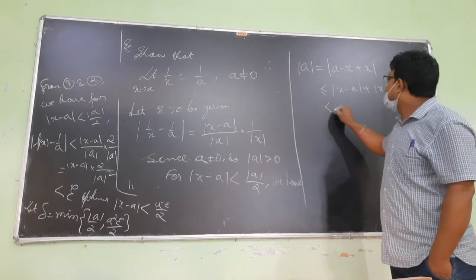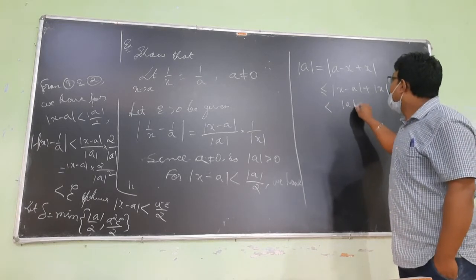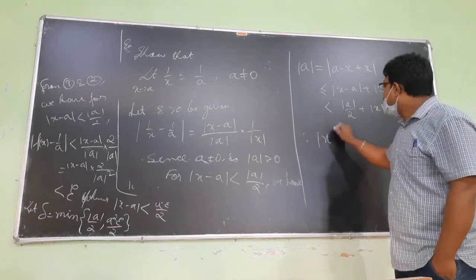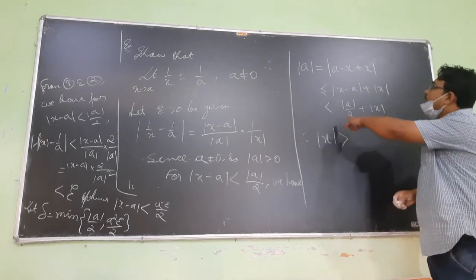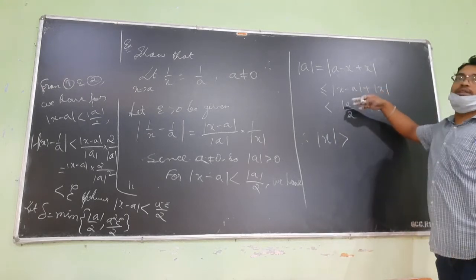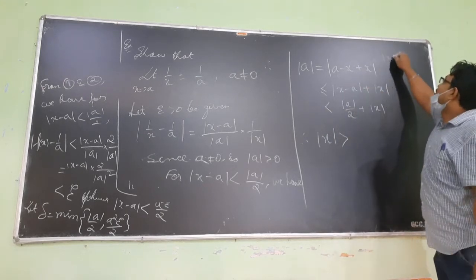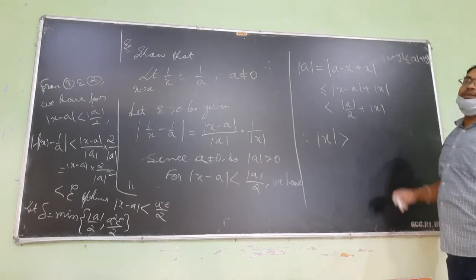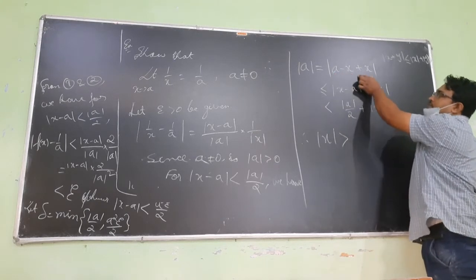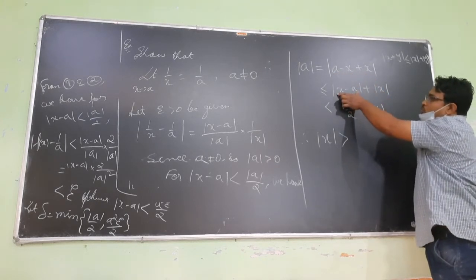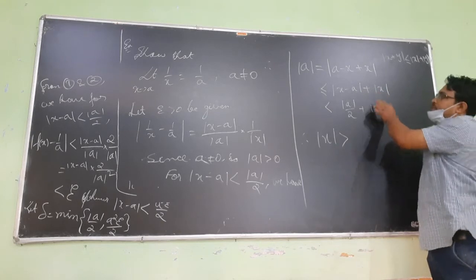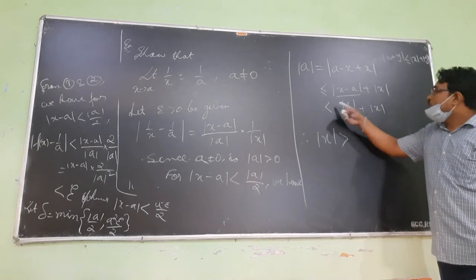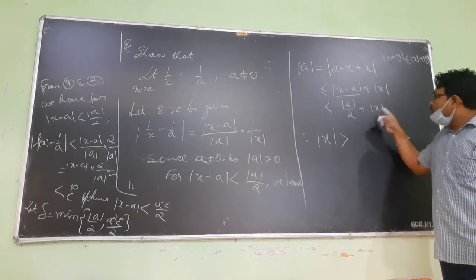This is the triangle inequality: mod of x plus y is always less than or equal to mod x plus mod y. This plus this, mod of this plus this, is less than or equal to mod of this plus mod of this. And this quantity is already less than mod a by 2, so I can write this is strictly less than mod a by 2 plus mod x.